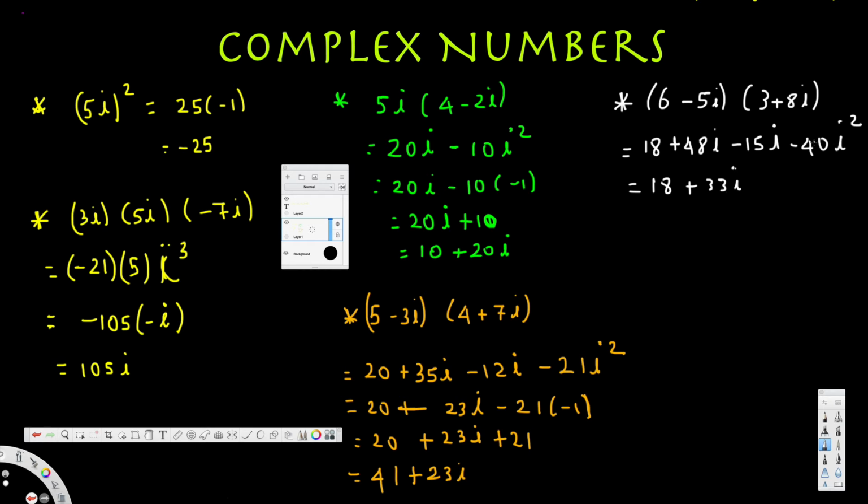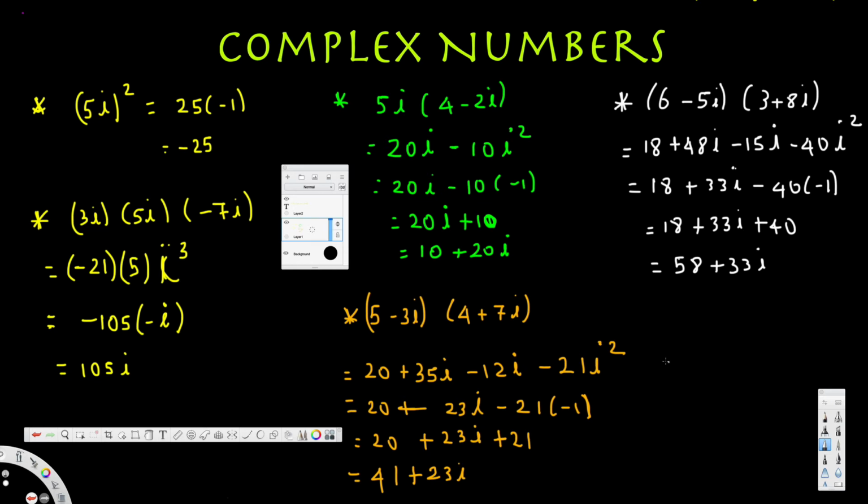And then i squared is -1, so -40 times -1, negative negative become plus, so this is going to be 18 plus 33i plus 40, and 40 plus 18 is 58 plus 33i. That's our answer for this one.